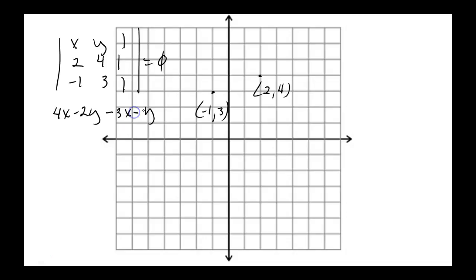And then the top one will be 6 plus negative 4, 6 is 10, plus 4. So what we have here is x minus 3y plus 10 is equal to 0.